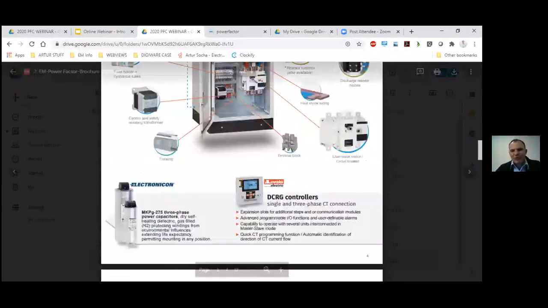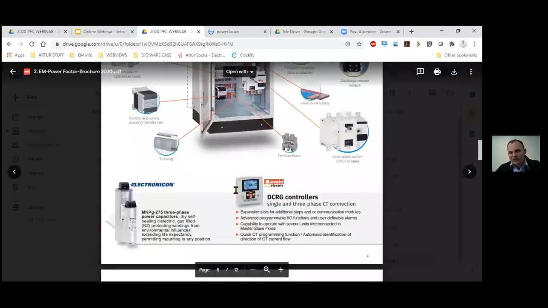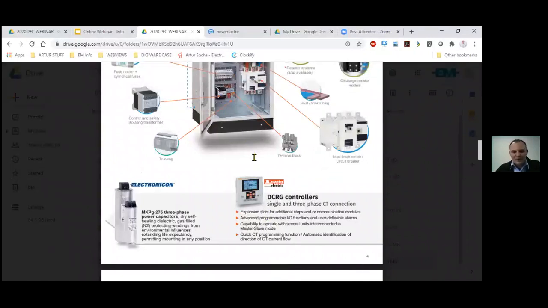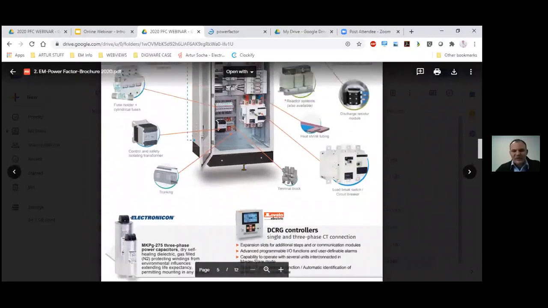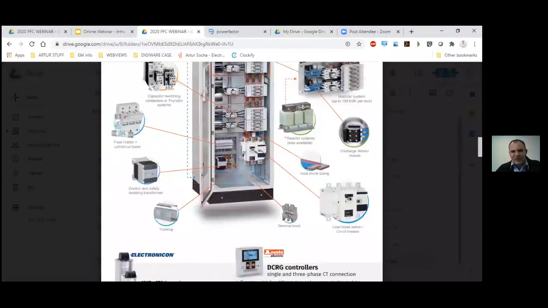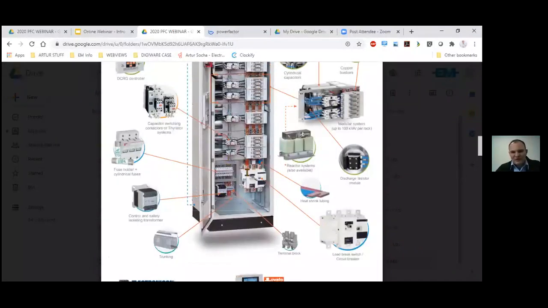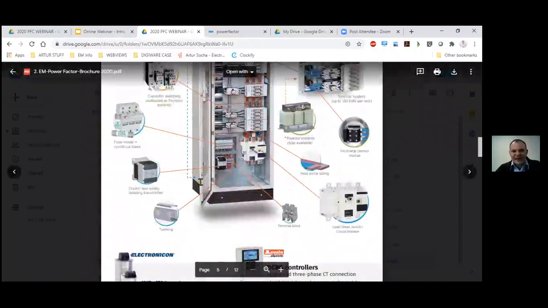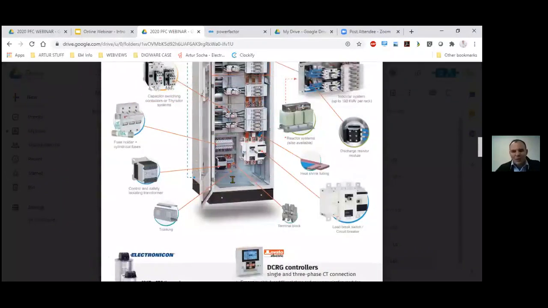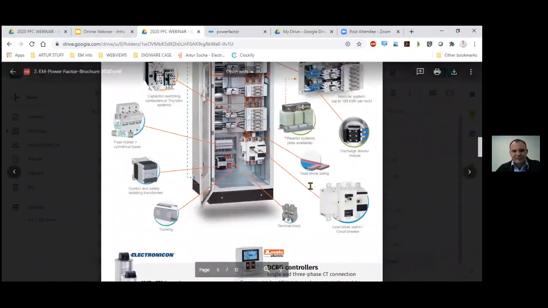In all our floor standing systems, we only make use of the DCRG8, pre-wired with 3 CT inputs. What we also do for our customers is rewire in a contact for when you're running on a generator, to step out the power factor system if required.